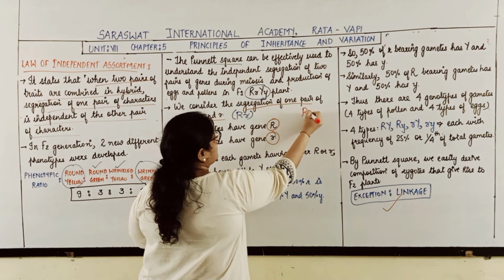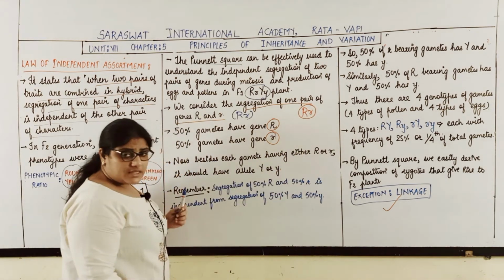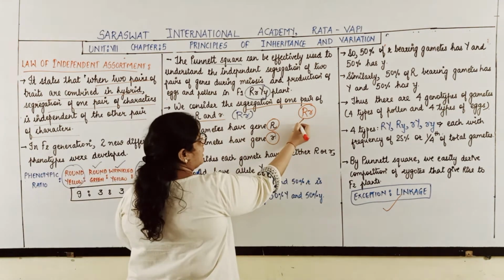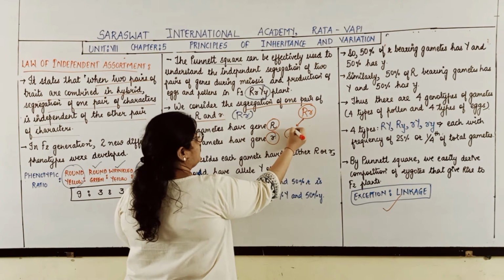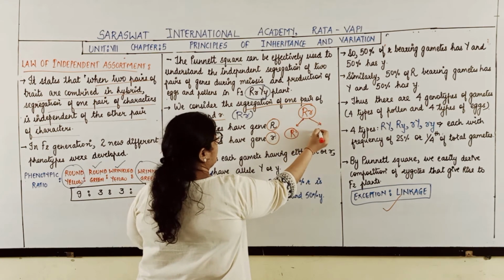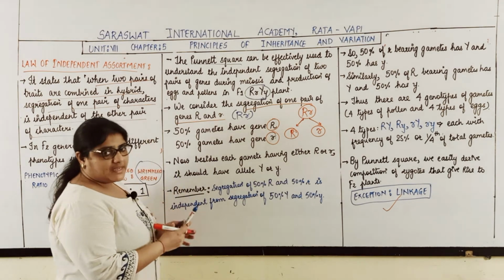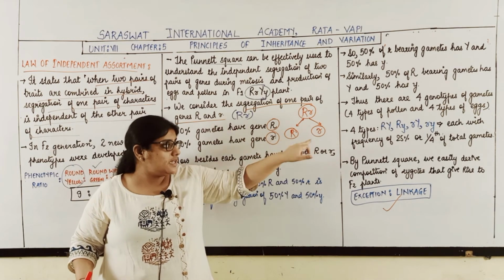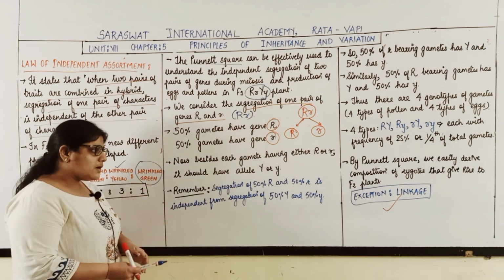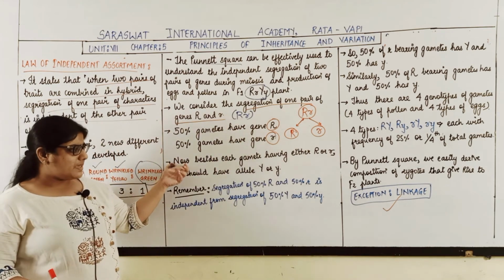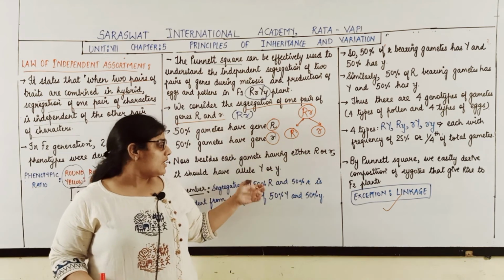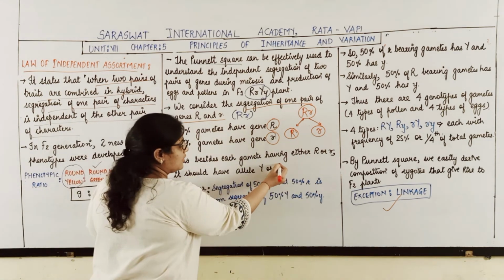Suppose we consider this pair of genes, capital R and small r. 50% of the gametes will have the capital R gene and 50% of the gametes will have the small r gene. Now students, each gamete having either capital R or small r will also have which allele?